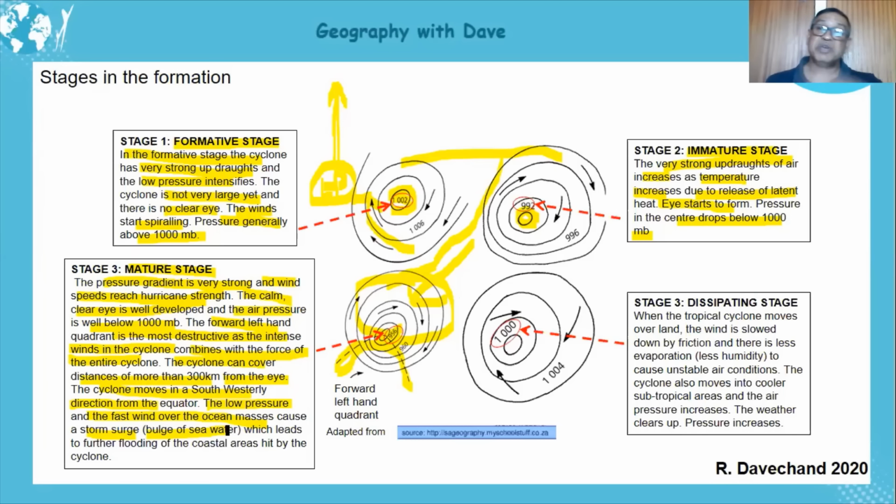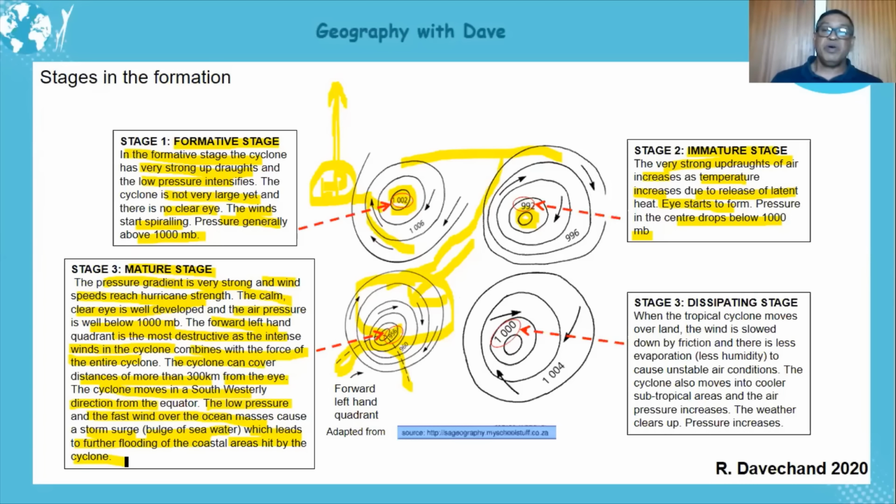Already starting to form its devastation, which leads to further flooding of the coastal regions that are hit by the cyclone, because remember, the force of the wind is lifting the water, causing massive bulges in the water. So this is your destructive stage. Strong winds, torrential rainfall. But we'll come to the cross section now.